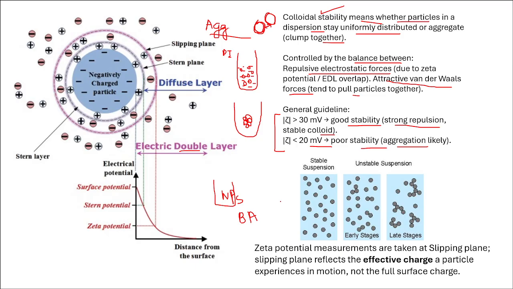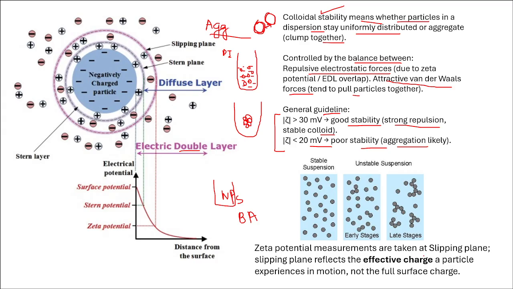It can kill cells. It is cytotoxic. So there is a soft range, like more than 15 millivolt but less than 25 or 20 millivolt. It is also considered to have good colloidal stability.